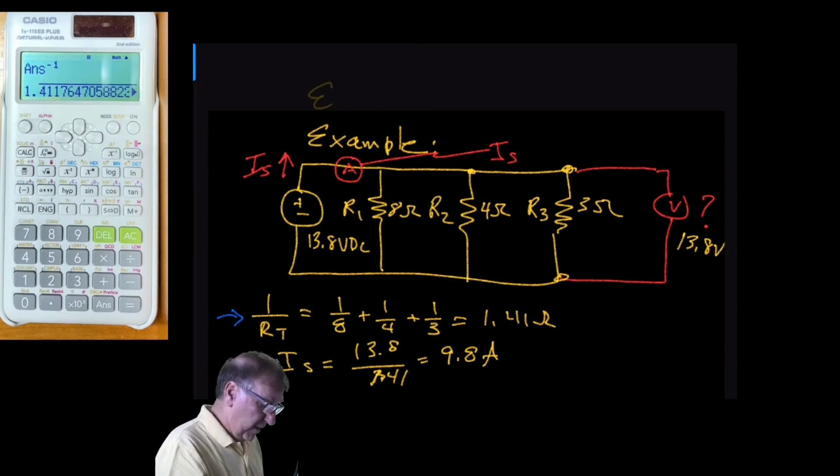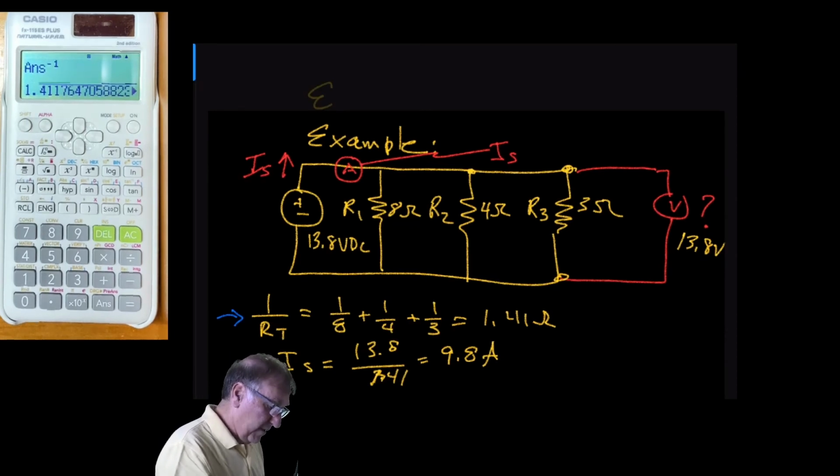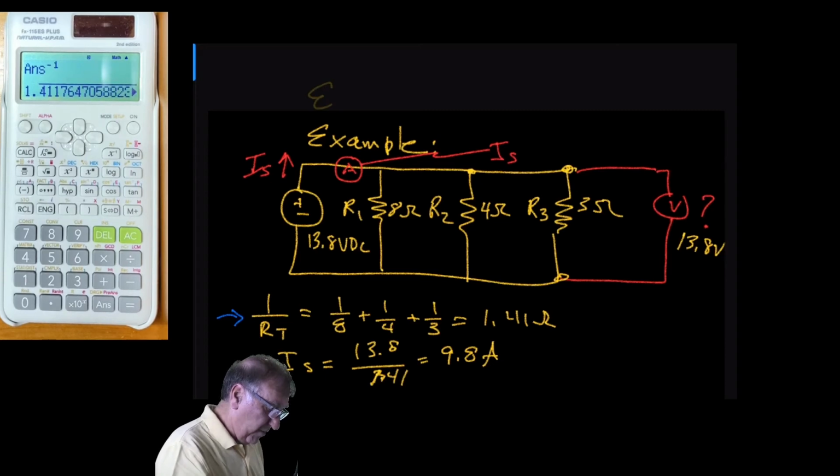We can also calculate the source current, which is the voltage source 13.8 volts over our total, which we just calculated as 1.41, and that gives us 9.8 amps of current.